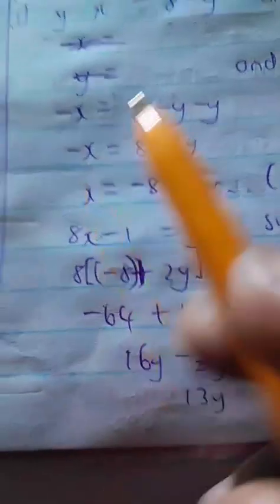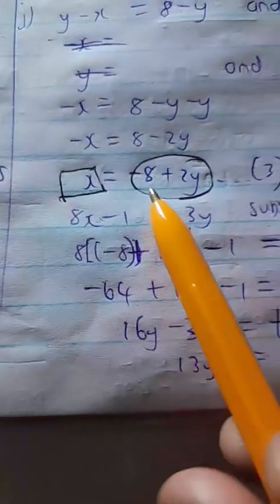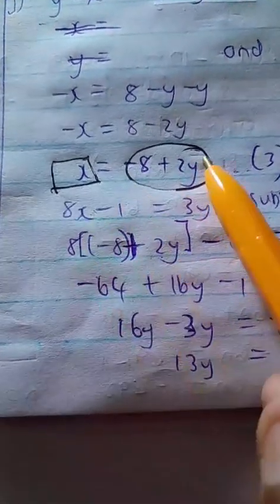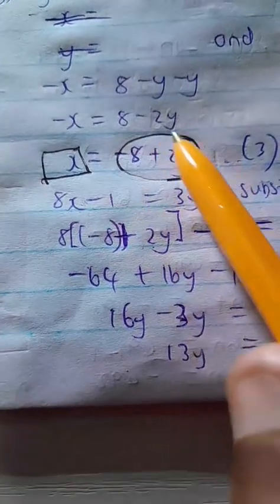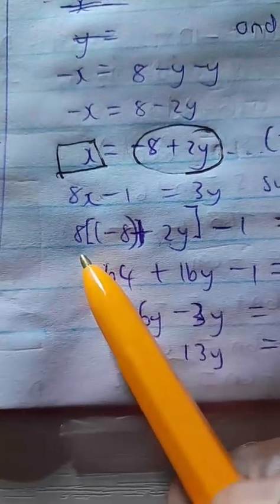So where x is, I'm going to substitute negative 8 plus 2y. So let's write 8.